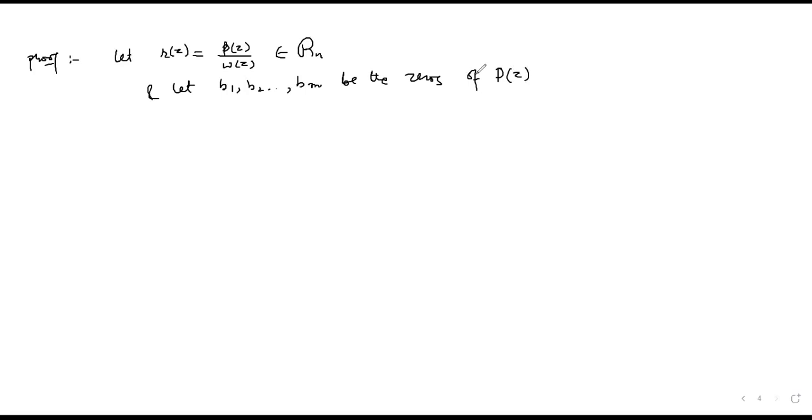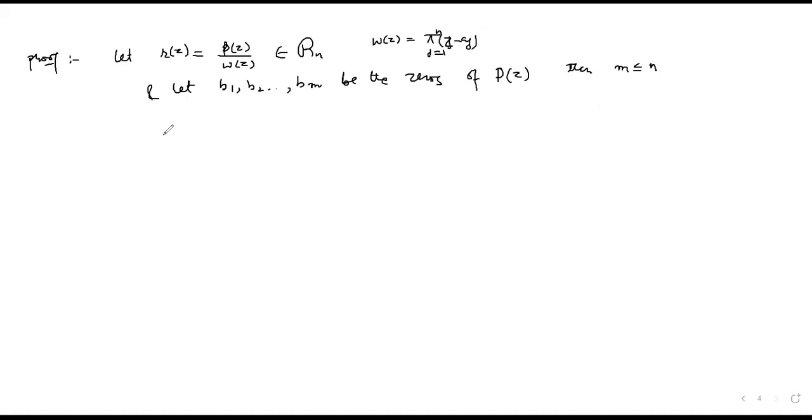So p(z) vanishes, then r(z) vanishes. Then m is less than or equal to n, because p(z) is at most a polynomial of degree n. It can have at most n zeros, and the degree of w(z) is exactly n. To remind you, w(z) is equal to the product of (z minus aj), j runs from 1 to n. So m has to be less than or equal to n.